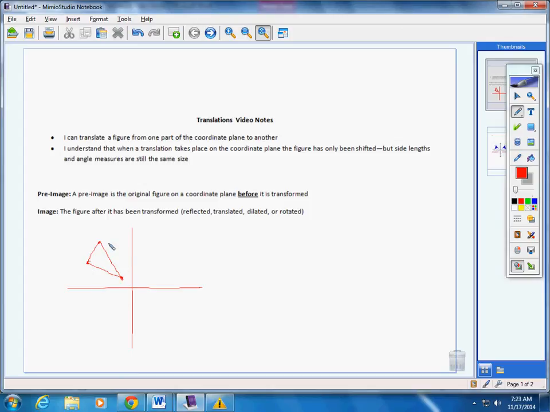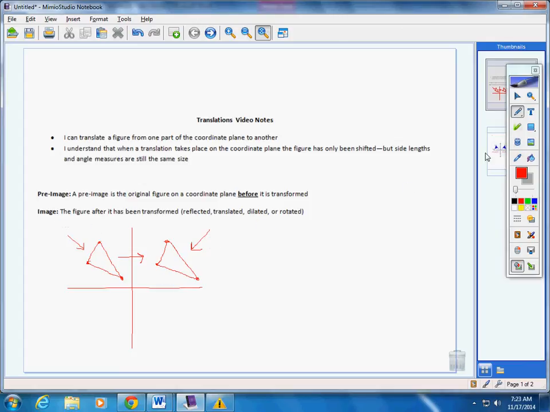Okay, if I'm then asked to translate this image 4 units to the right, once again, my figure is not going to be perfect by any means. Let's say that I shifted all 3 of my original points to the right. Okay, this guy right here is considered to be the pre-image, and our new figure is considered to be our image. Okay, so the new figure is considered the image.